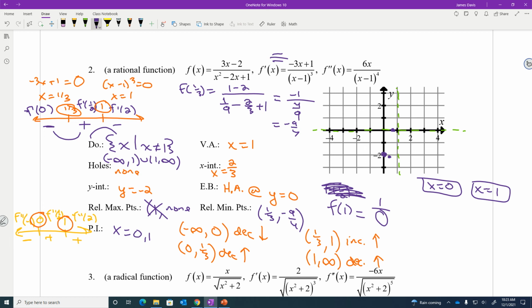All right, so now let's try to put this together. We do know our ends need to sort of approach this way and this way, right? We gotta go towards 0. So our first interval, -infinity to 0, is decreasing and down. So I'm going to kind of start this way. Decreasing and down is going to look like this, down to 0. And then we have a minimum just past that.